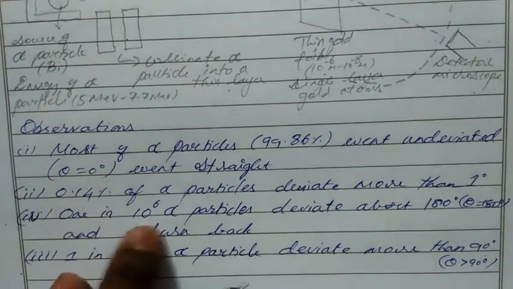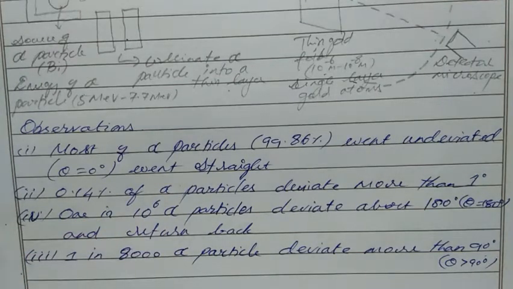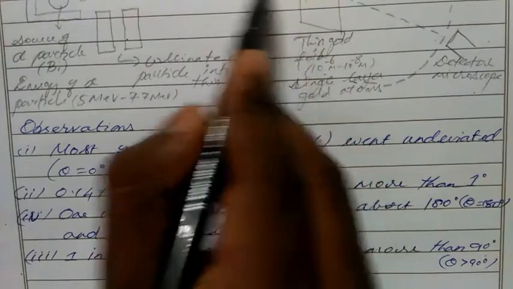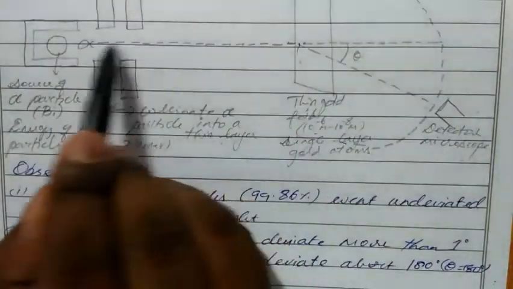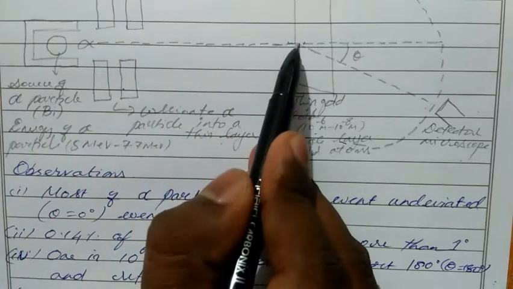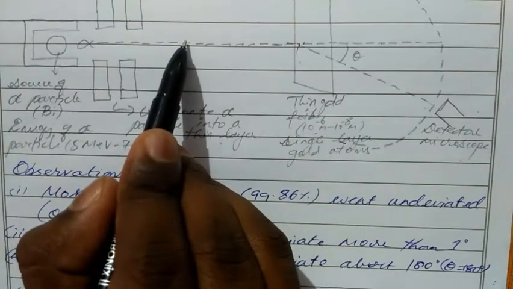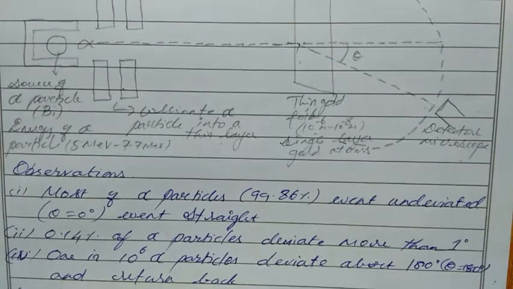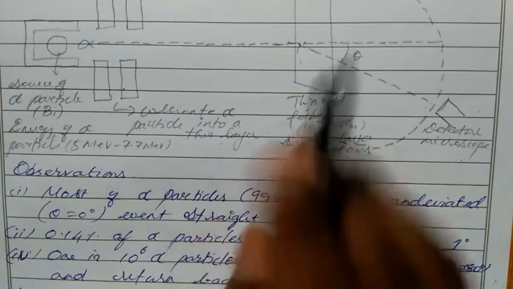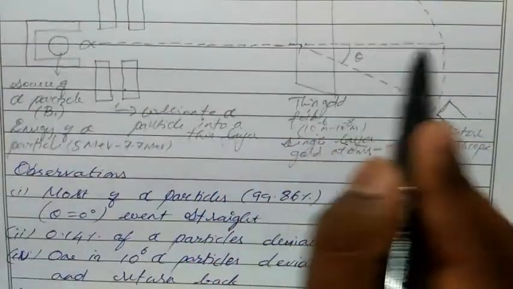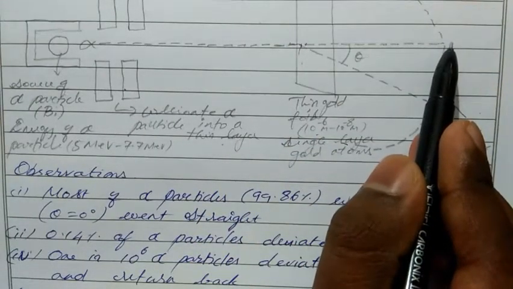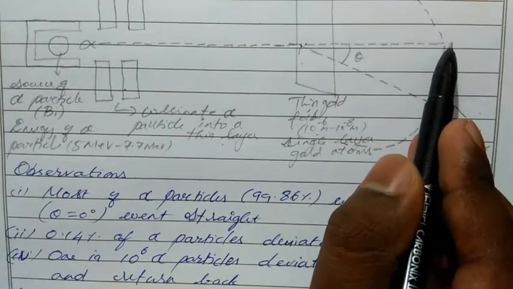And then only 1 in 10 to the power 6, which means only one alpha particle out of about 10 lakhs is reflected exactly back. The alpha particle comes straight like this, and only one is reflected back. So we have four kinds of results. The first one is that most of the alpha particles go in a straight line, nearly 99.86%.